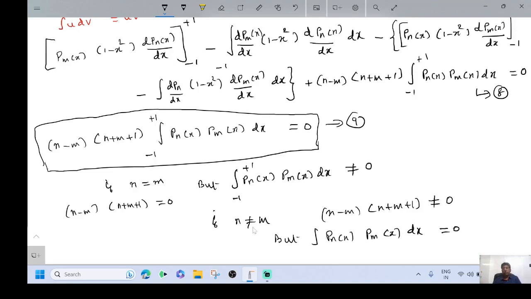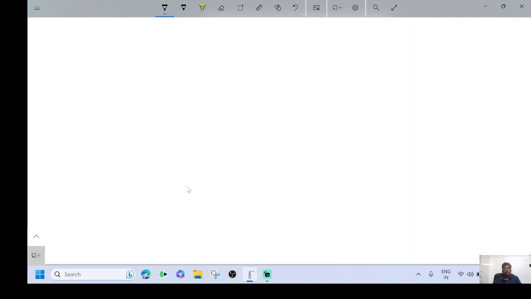If n not equal to m, this integral is equal to 0. These are the two conditions we have arrived at. I will go to the next part, generating function.